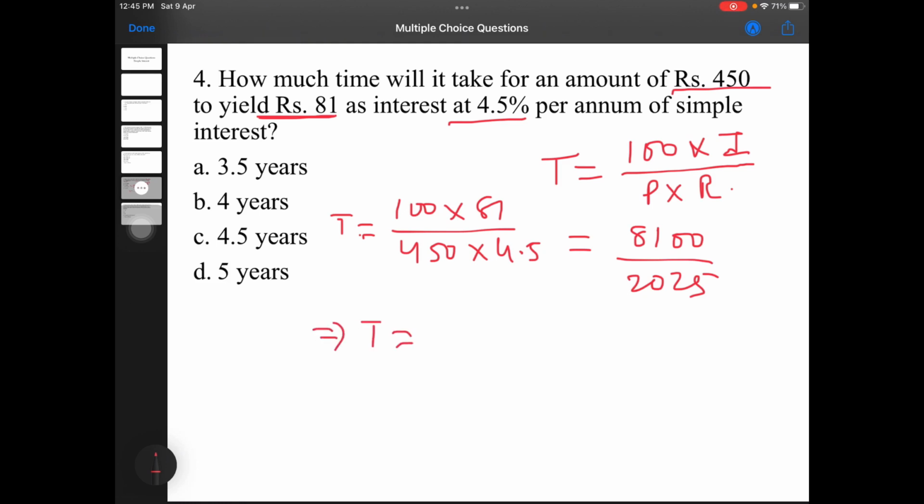So from here T will be 8100 divided by 2025, equal to 4 years. So the correct option here is option B, 4 years. So in 4 years this amount 450 rupees will yield 81 rupees as interest at the rate of 4.5% per annum.